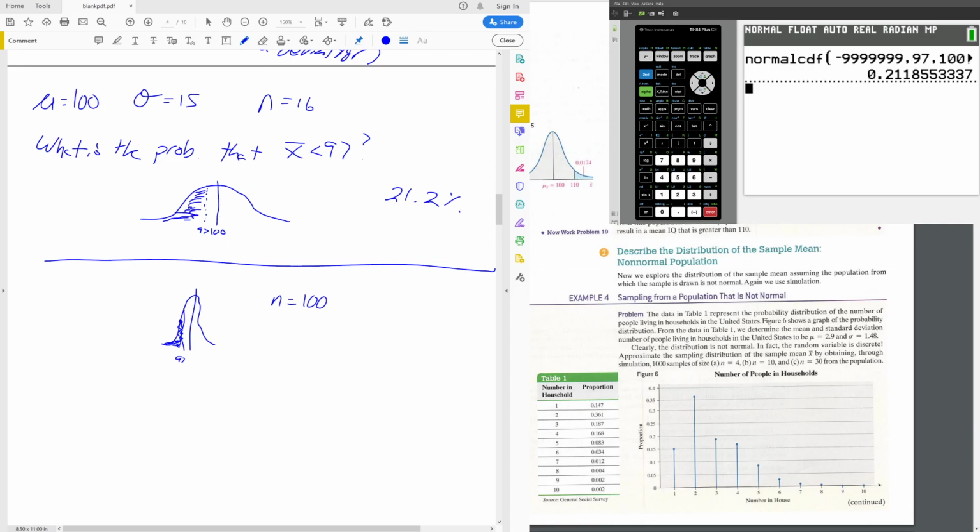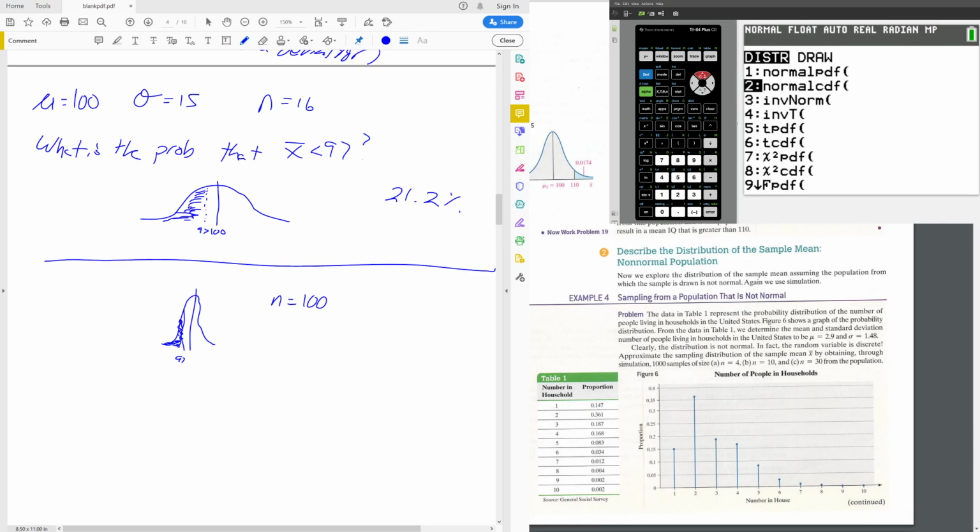That's kind of like what this whole section is about. So I'm going to go ahead and calculate this. So it's the same setup, right? Left is unbounded. 97 is my upper bound. I have a mu of 100. Well, my sigma is now 15 divided by the square root of 100.